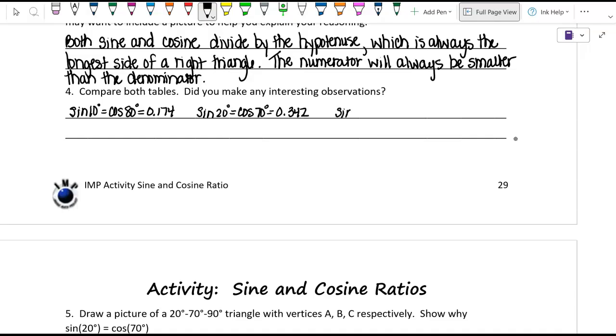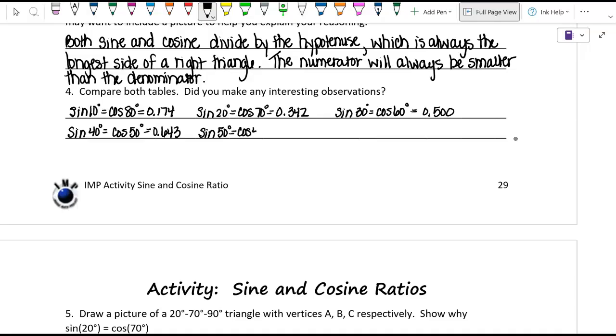The sine of 30 degrees equaled the cosine of 60 degrees, which equaled 0.500. The sine of 40 degrees equals the cosine of 50 degrees, which equaled 0.643.